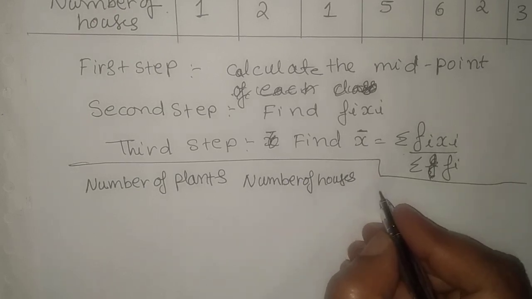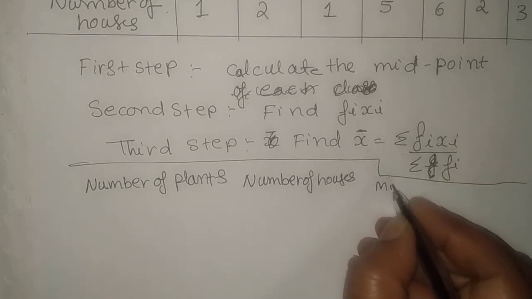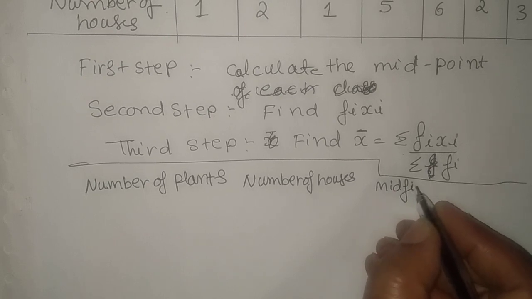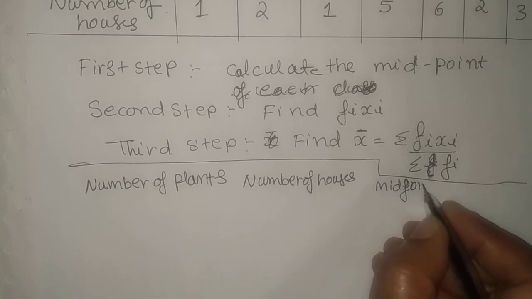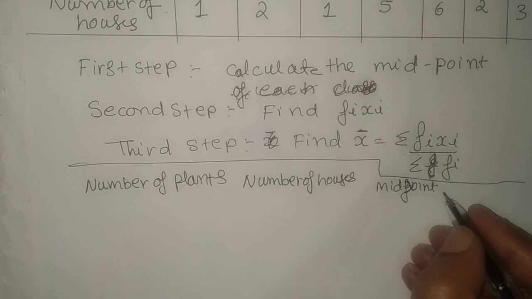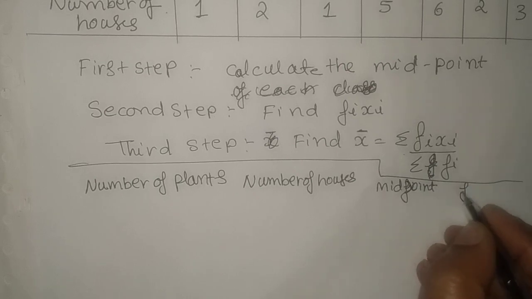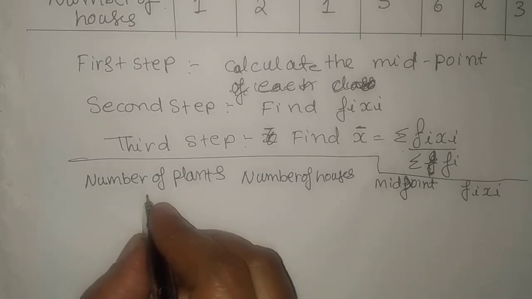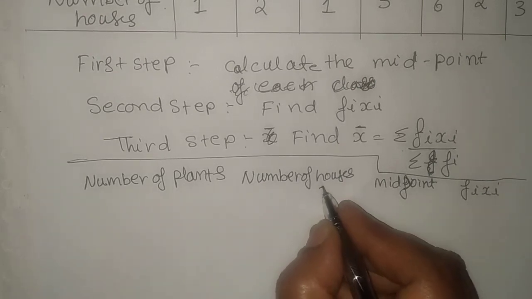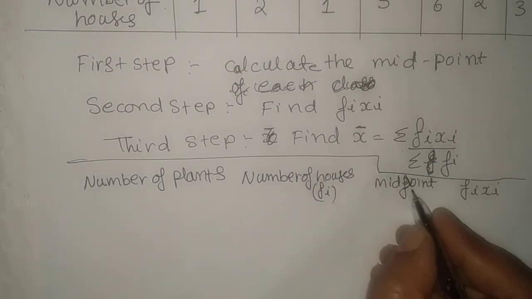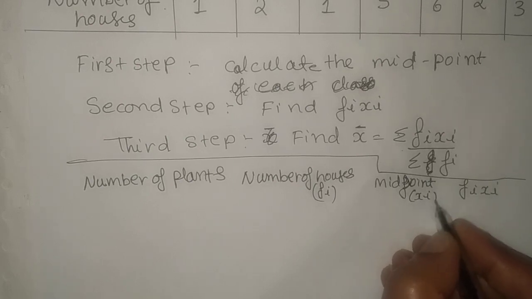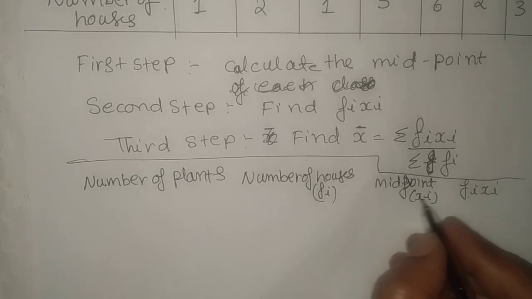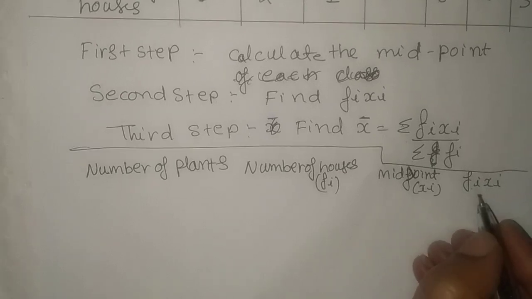Next will be the midpoint. This is not given in the question. Next, this is Fi Xi. So what are these? The number of plants, the number of houses will be Fi, and this midpoint will be Xi. Then multiplying Fi and Xi will give this one.